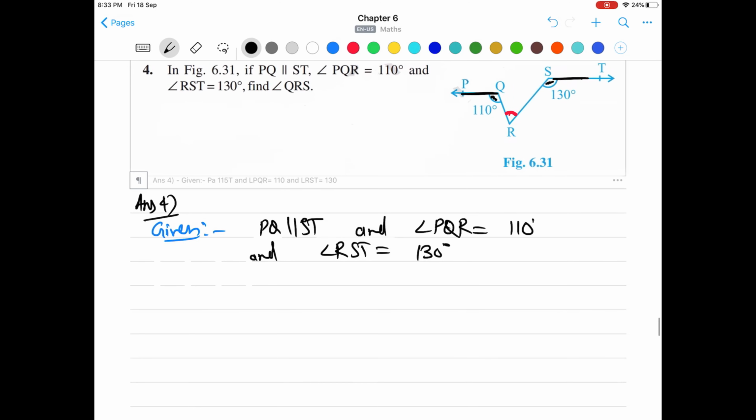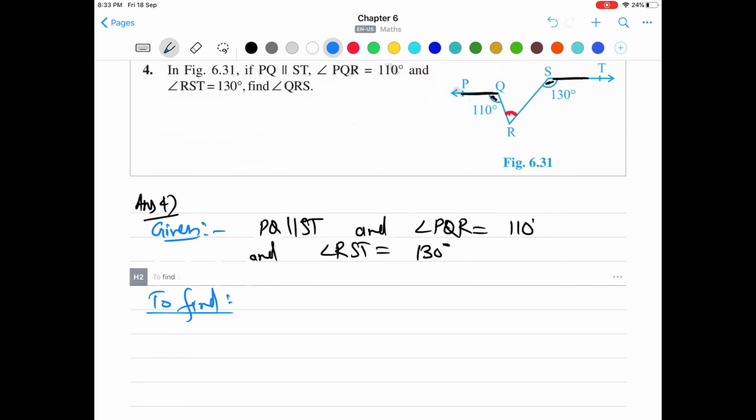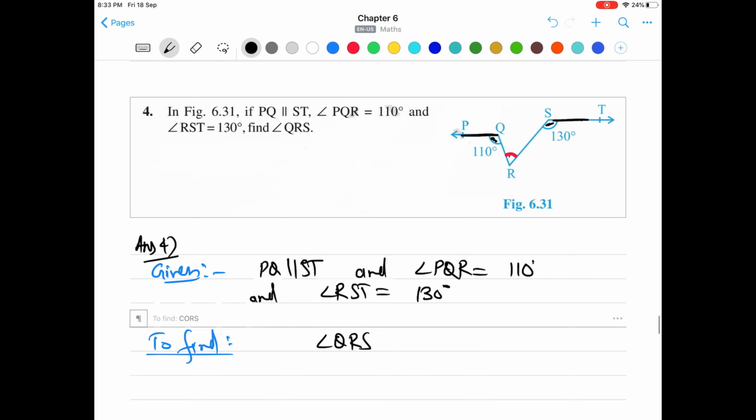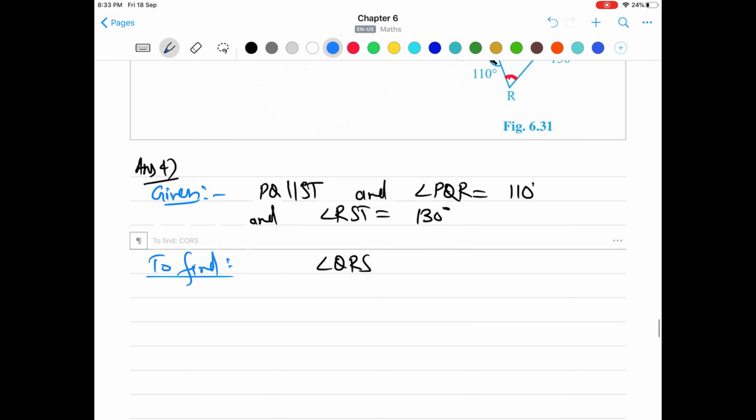We have to find an angle which is angle QRS. So before the start of the question, what we're going to do is we'll do a construction. So first we'll write construction.